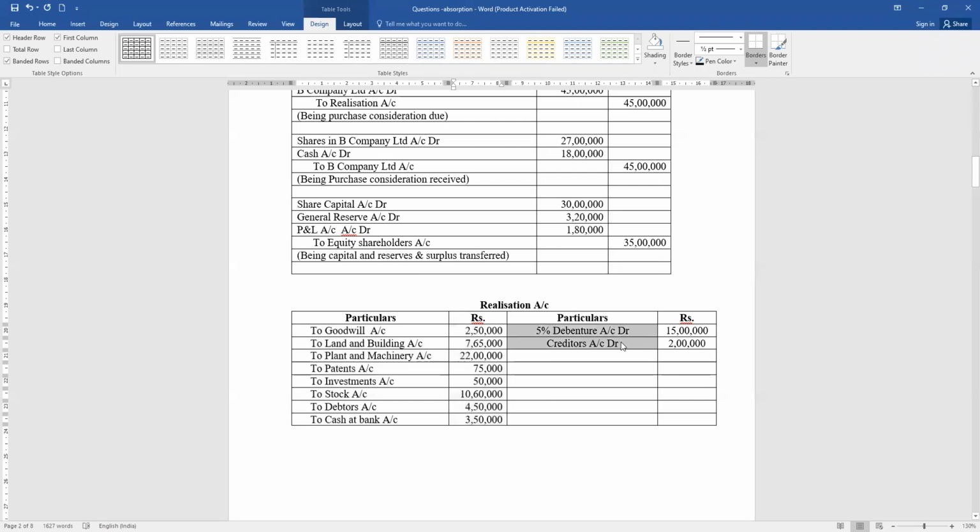In the liabilities, you have 2 liabilities, that is 5% debentures and the creditors, 15 lakhs and 2 lakhs. First step assets over, second step liabilities over, third step is you have to transfer the PC, purchase consideration due, by the purchasing company name, that is B Company Limited account.